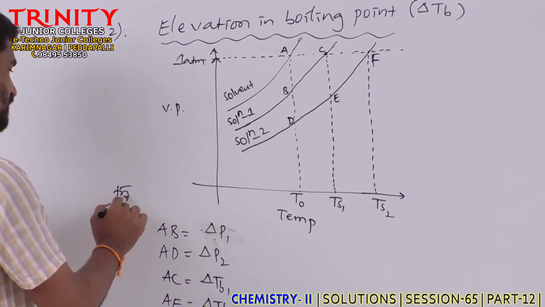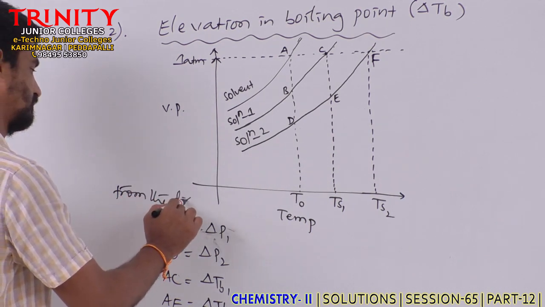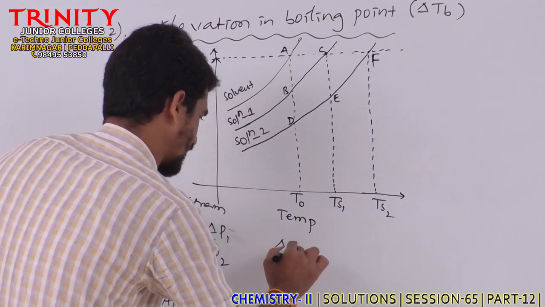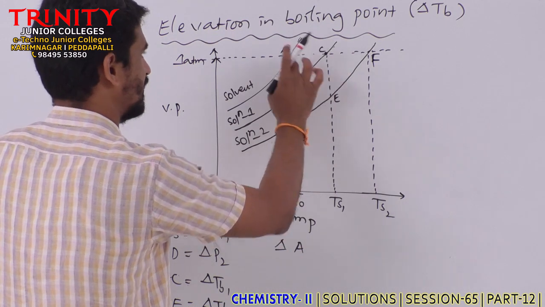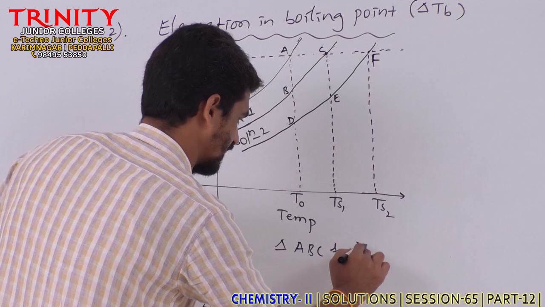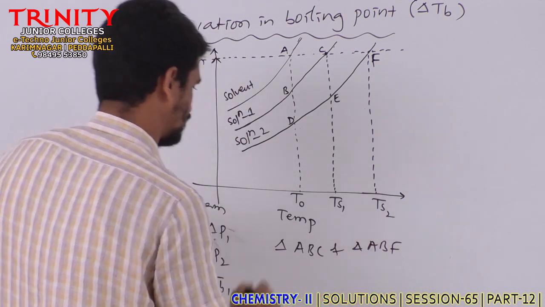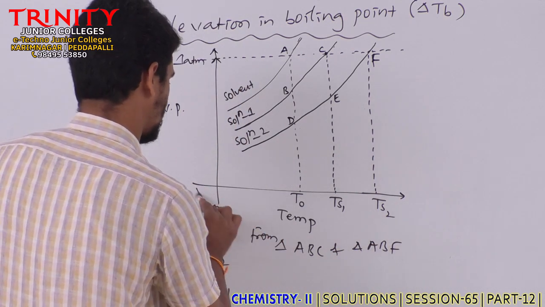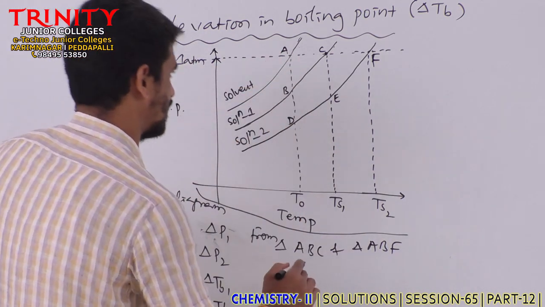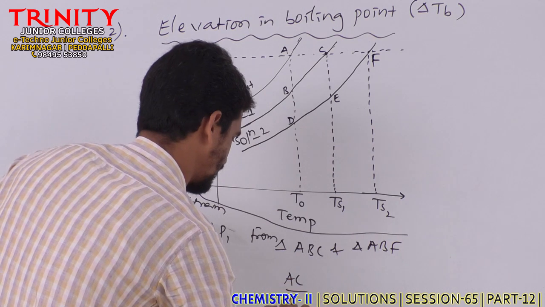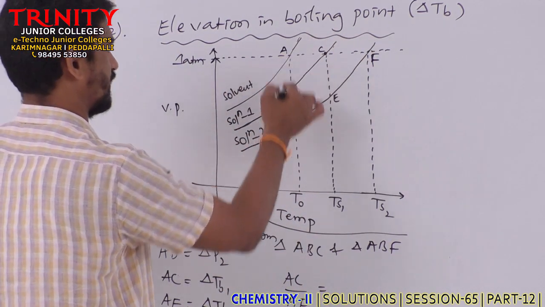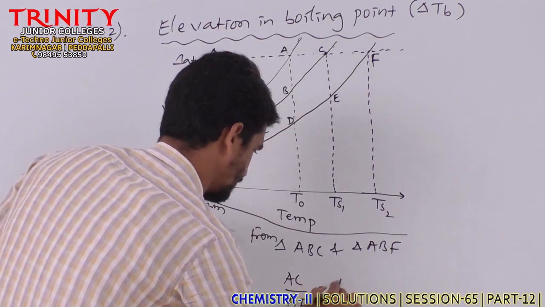This is from the diagram. Now from this diagram, triangle ABC and triangle ABF, we can say AC by AF equals AB by AD.